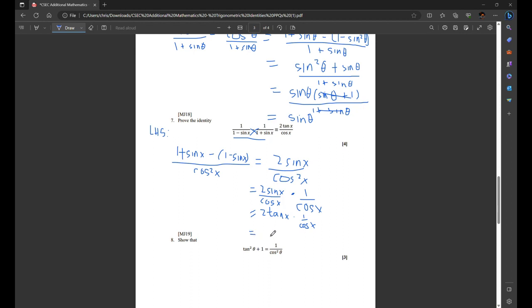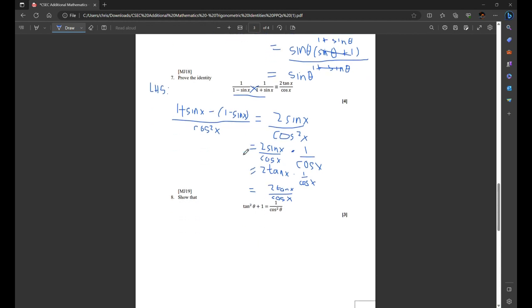Let me just write that really quickly so we can have a good conclusion to the question. 2 tan x over cos x. So yeah, that's number 17. In my opinion, this was one of the simpler ones they've given, so I'm happy that it came on my exam. But yeah, moving on.